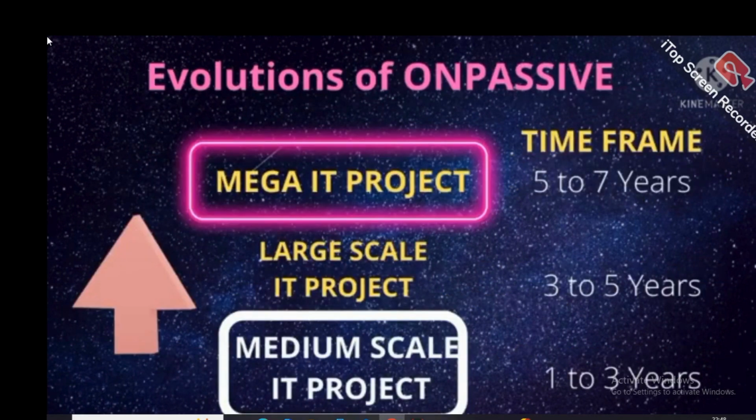My dear friend, so ONPASSIVE has gone from a concept to total evolution. In its evolution, you see, it was a medium scale IT project which can be completed in 1 to 3 years, then a large scale IT project, and now it is a mega IT project with more complexities, catering to 200 plus countries with all government rules and regulations.